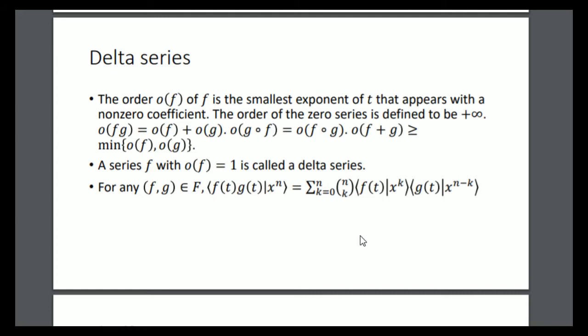O of t squared is just 2. You have some nice formulas, and a series f with O of f equal to 1 is called a delta series. This is very convenient because you don't have a constant term and you don't have terms that are neglected. And when you have a series, try to find one that relates to a delta series, because it's more convenient to do umbral calculus on it.